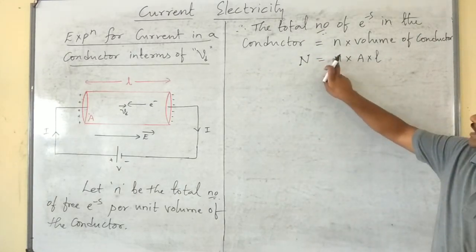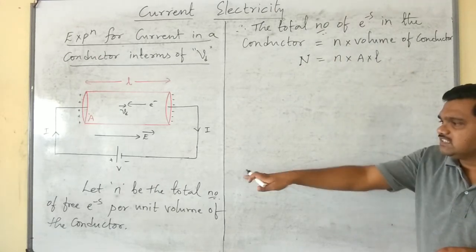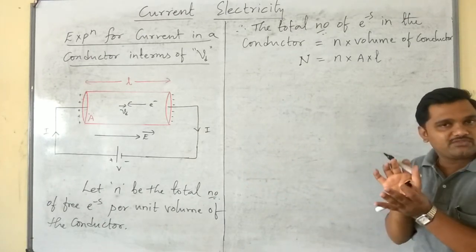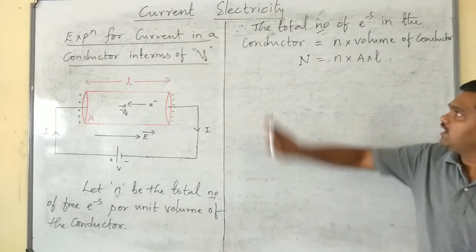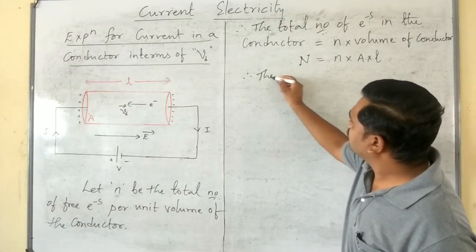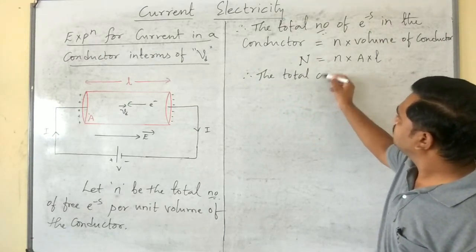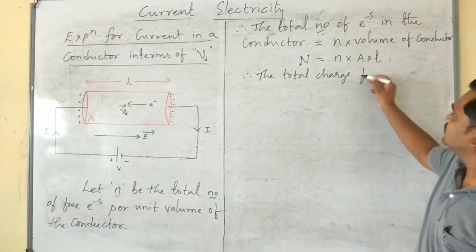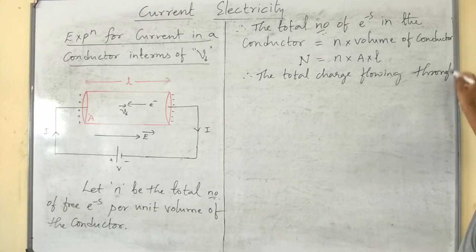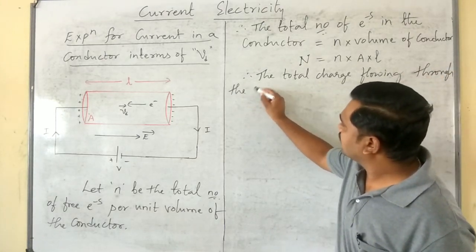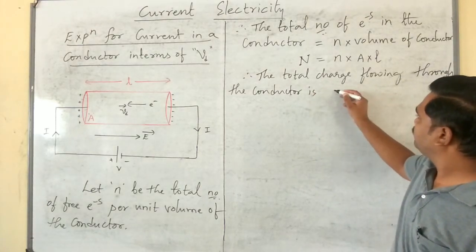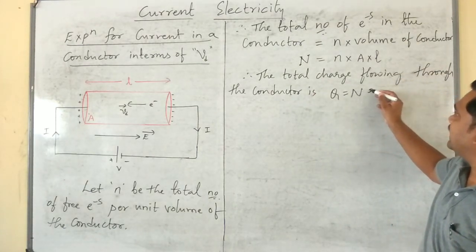Actually, the number of electrons per unit volume is represented by small n. Since I have represented already here n as the total number of free electrons per unit volume, I have considered capital N for the total number. Therefore, the total charge flowing through the conductor is Q equal to N into e.